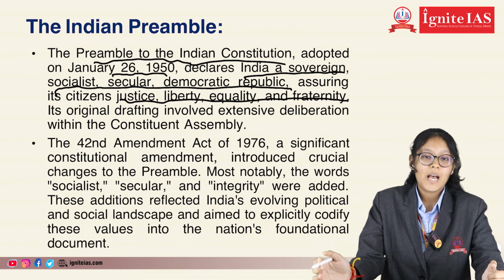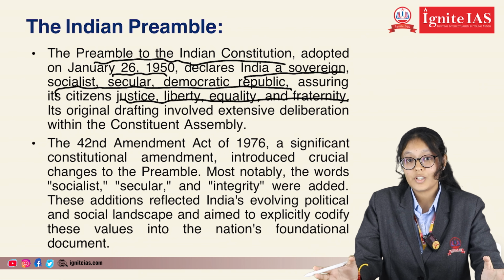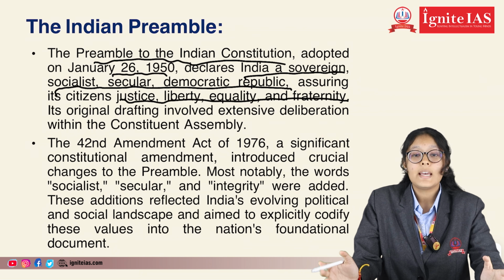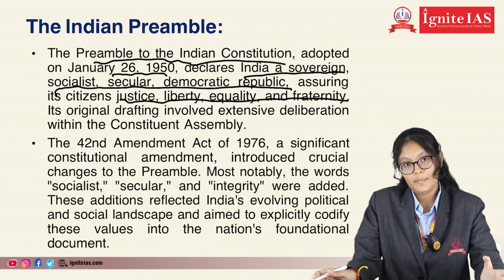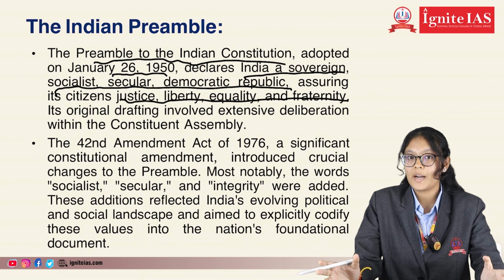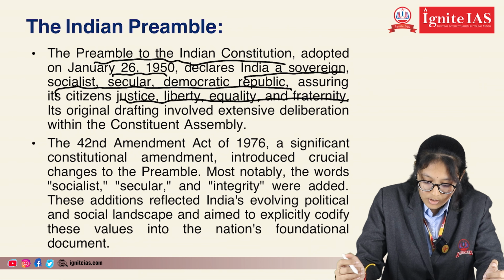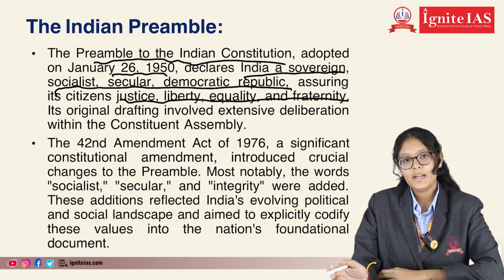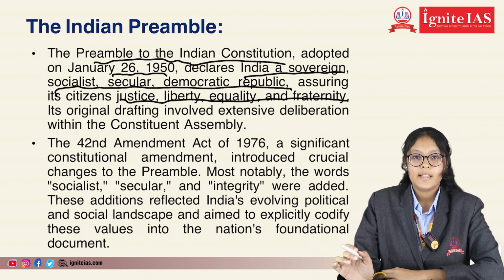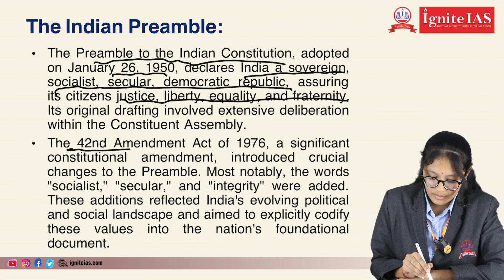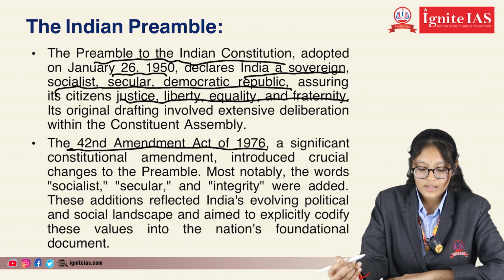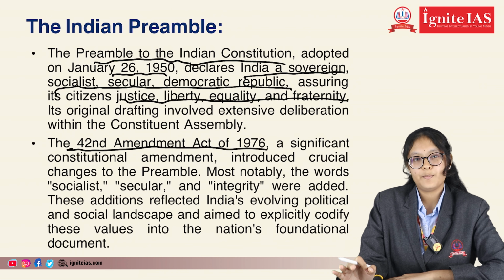When the original preamble was drafted, there were a lot of discussions on how it should be made because this preamble should be used in lawmaking and should ensure that people get equal rights as citizens of India. So, has the preamble been amended? Yes, but only once. That was by the 42nd Constitutional Amendment Act in 1976. In this act, they added three terms to the preamble.